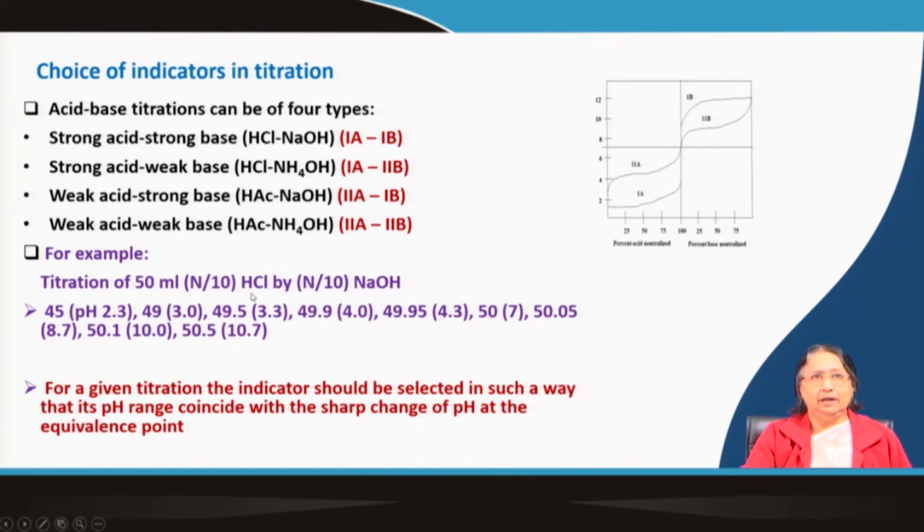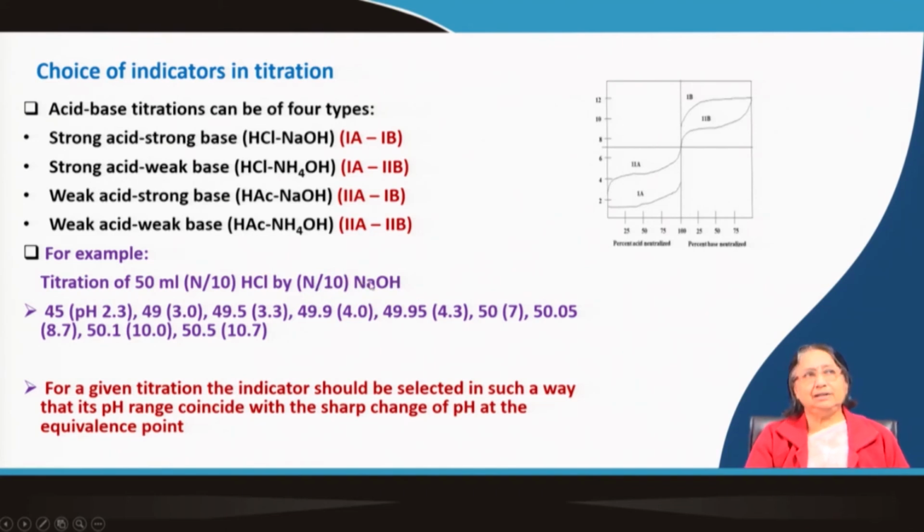Okay. It is a titration between the strong acid HCl and NaOH. You have taken 50 milliliter of N/10 HCl, for example, in a conical flask. And then in the burette you have taken N/10 NaOH solution.